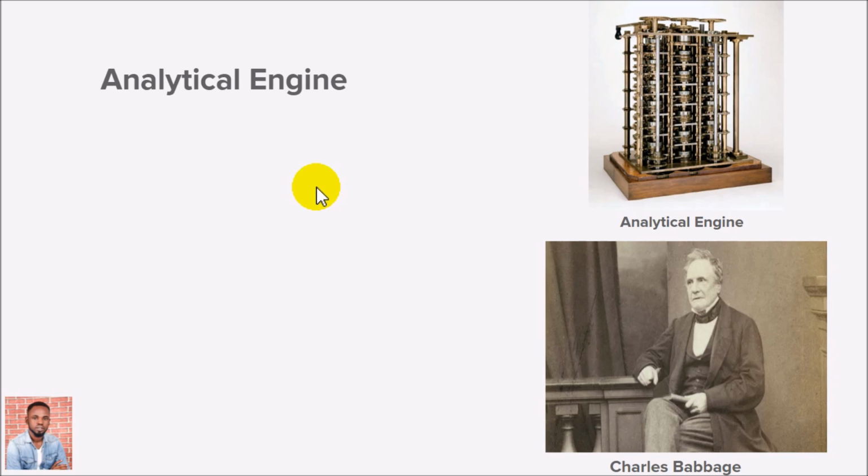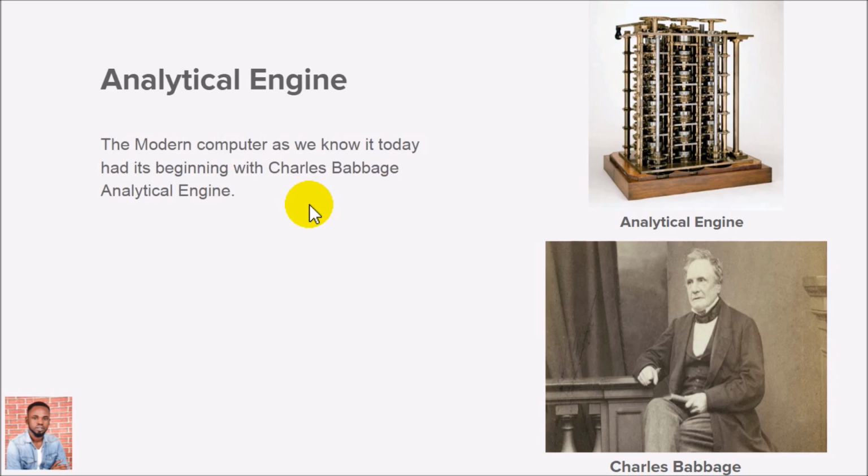Actually, Charles Babbage is known as the father of computer, but there is a reason. A lot of people know that, but what is actually the reason why he is tagged the father of computer? Now, what you should know is that the modern computer as we have it today embodies the major elements of Charles Babbage's analytical engine. That is actually why he's tagged the father of computer.